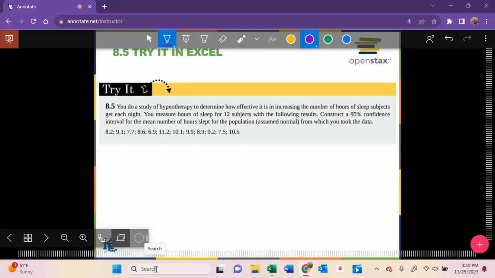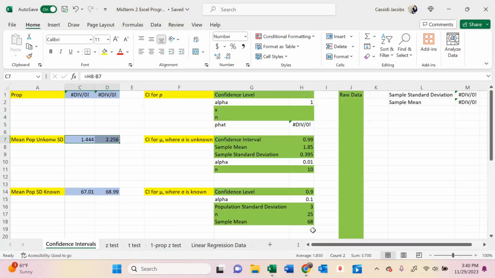So in this case, I'm going to first start by inputting into my Excel document all of these values. Let me show you how this is going to work. I'm going to put in the data that's listed into the raw data right here.